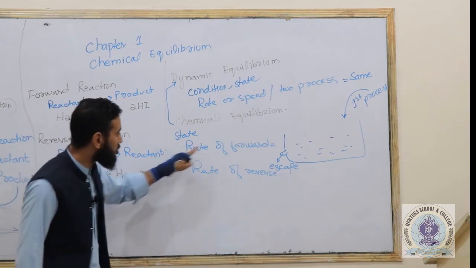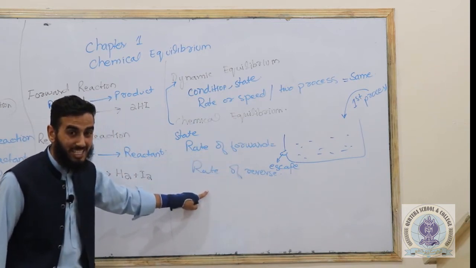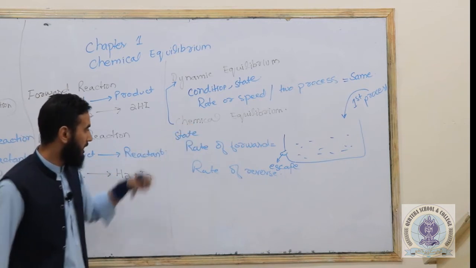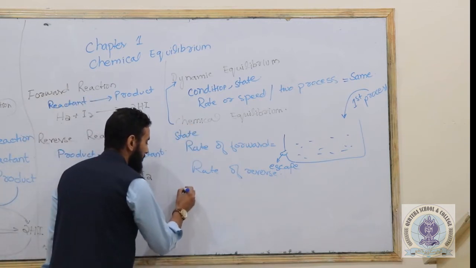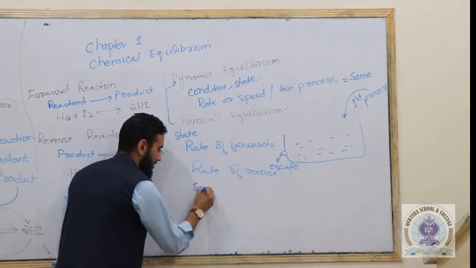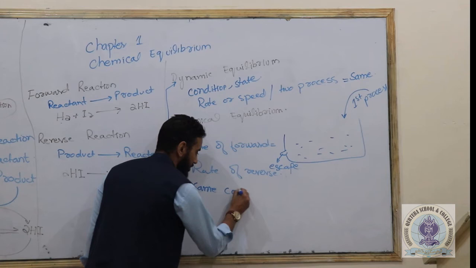When the rates of these two reactions become equal to each other, that state or condition is called chemical equilibrium. At chemical equilibrium, we will have the same concentration.